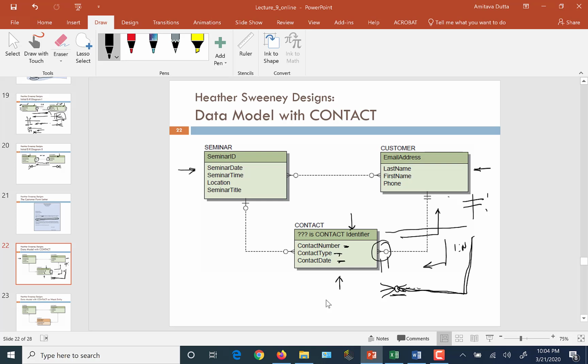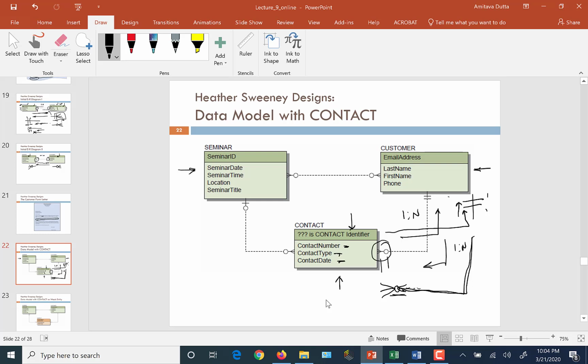One contact is sent to at least one and at most one customer. Obviously, you don't send a contact to nobody, so it can't be at least zero. So at least one and at most one. We've interpreted the cardinalities here, and this is a one-to-many relationship.